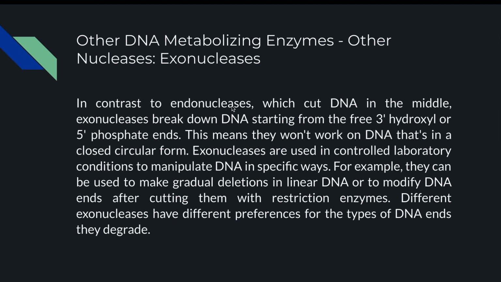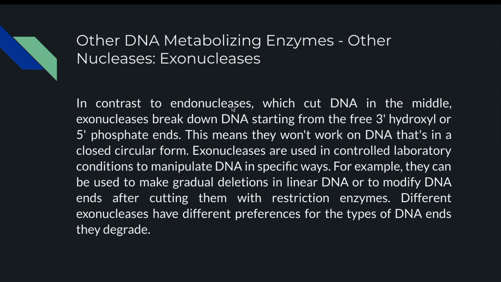So, other nucleases, exonucleases. In contrast to endonucleases, which cut DNA in the middle, exonucleases break down DNA starting from the free 3' hydroxyl or 5' phosphate ends. This means they won't work on DNA that's in a closed circular form.